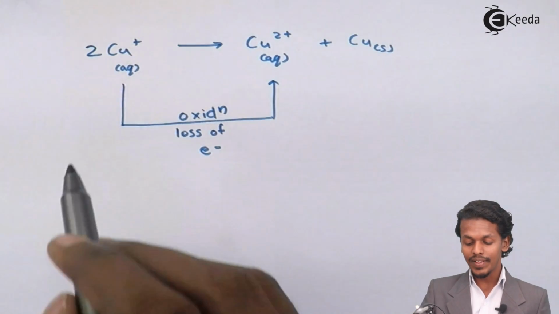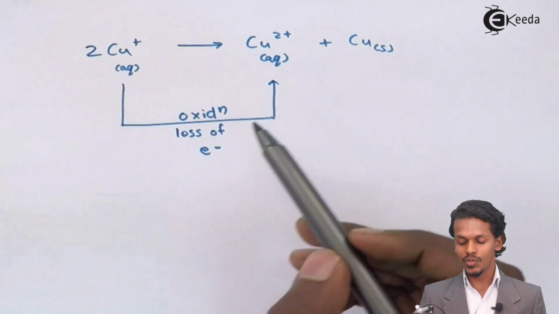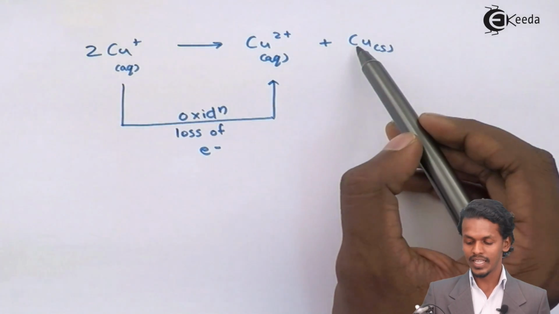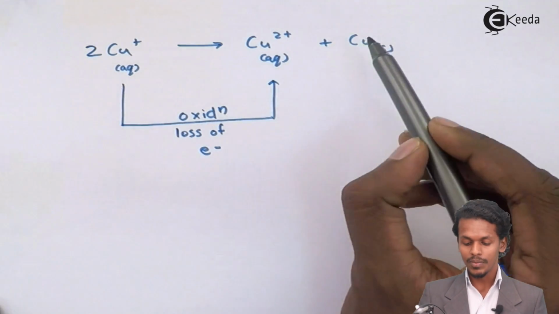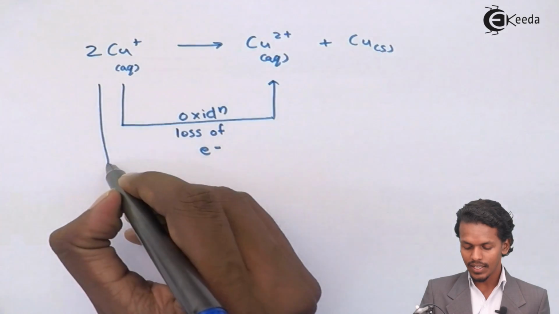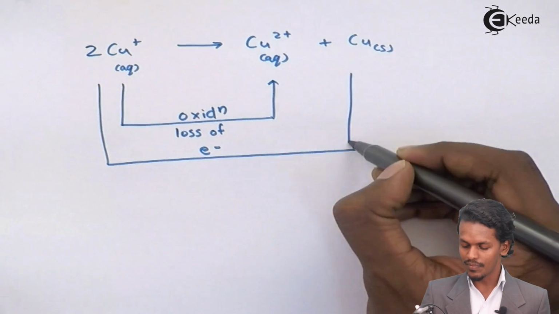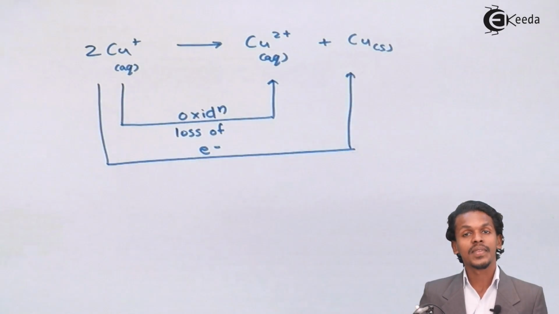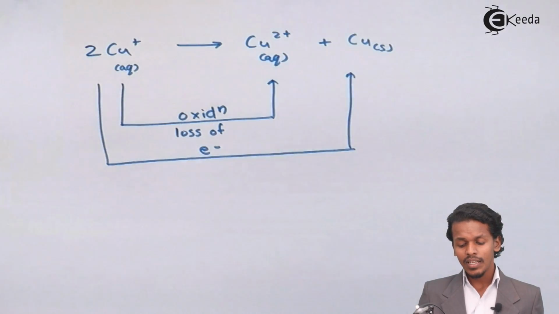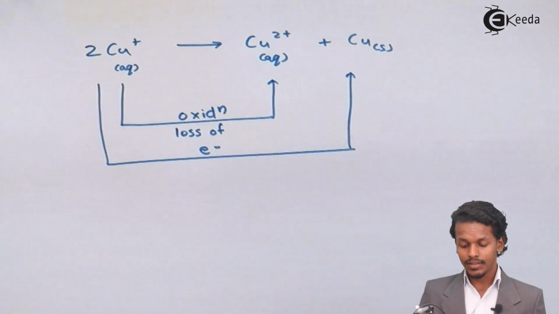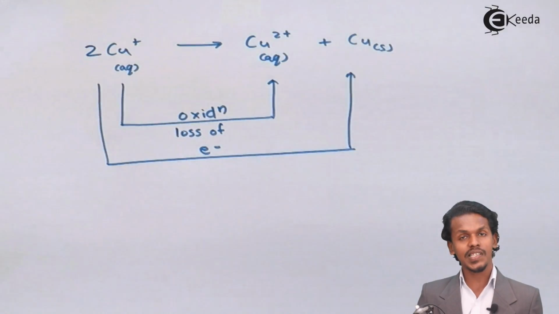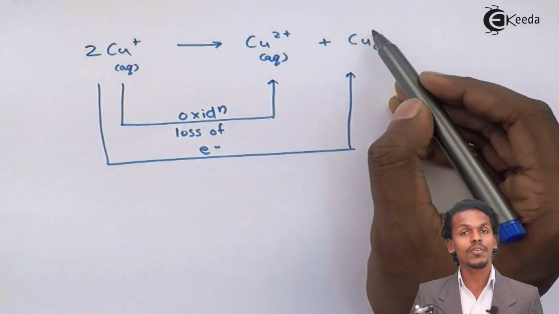Now, when Cu plus is converted into Cu, the solid form of copper, the oxidation state of Cu plus changes to an oxidation state of 0.